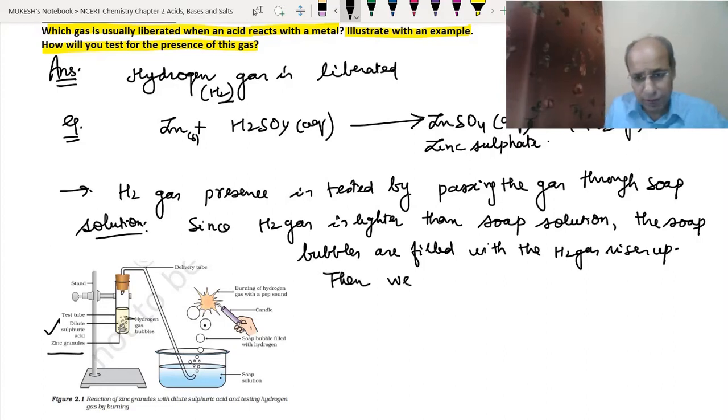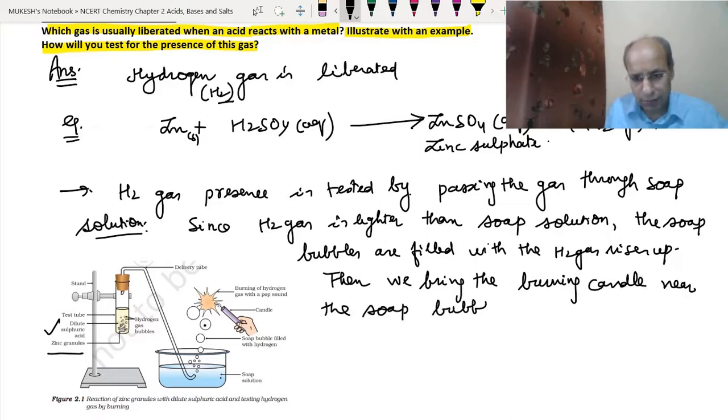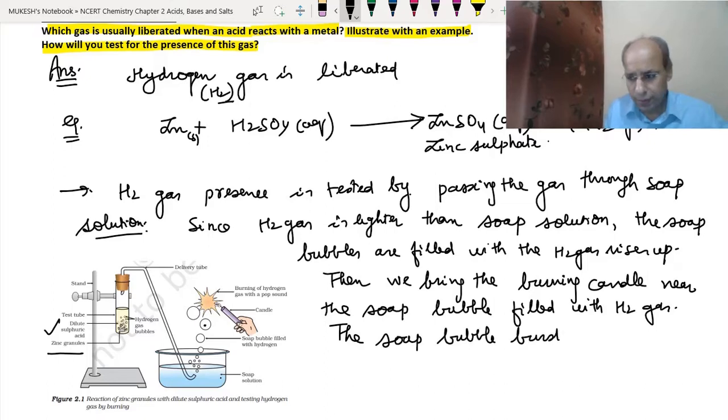Then we bring a burning candle near the soap bubble filled with hydrogen gas. The soap bubble bursts and the hydrogen gas burns with a pop sound.